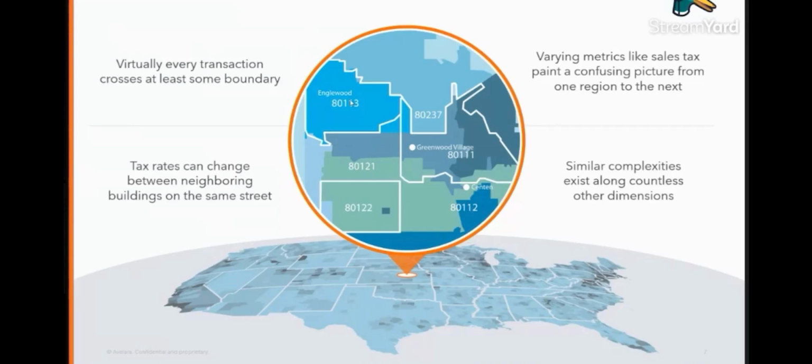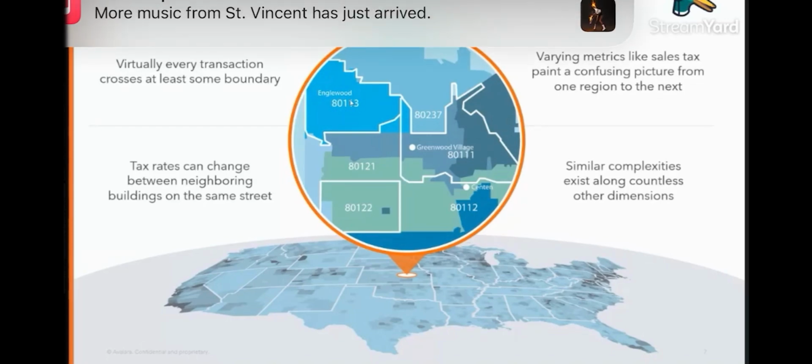And lots of software for calculating sales tax will use that zip code to calculate the sales and use tax. But as you can see here in Colorado, for example, zip code 80111 has up to 4 different tax rates that could apply to that transaction. And so it's not an accurate enough process.